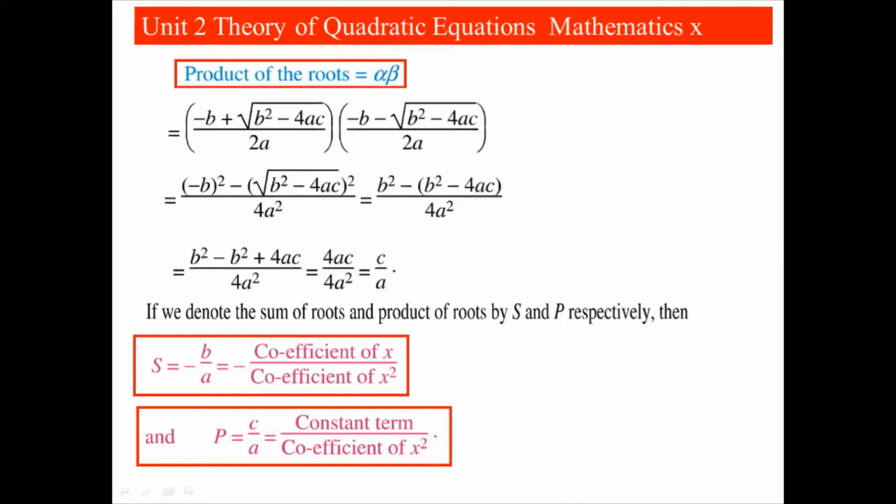So you have to remember that the sum of the roots is equal to minus b by a and the product of the roots is equal to c by a. Now we can write a quadratic equation if we know the sum of the roots and the product of the roots.